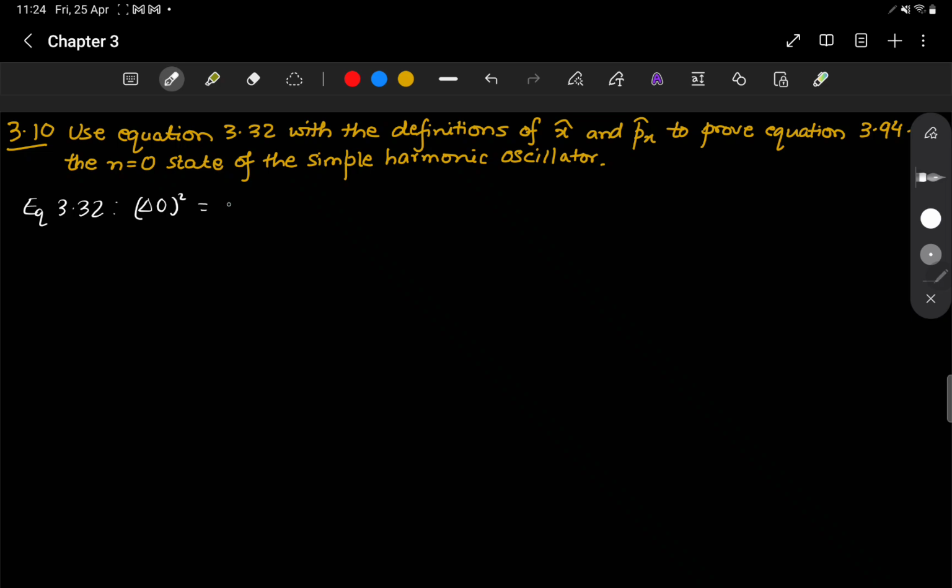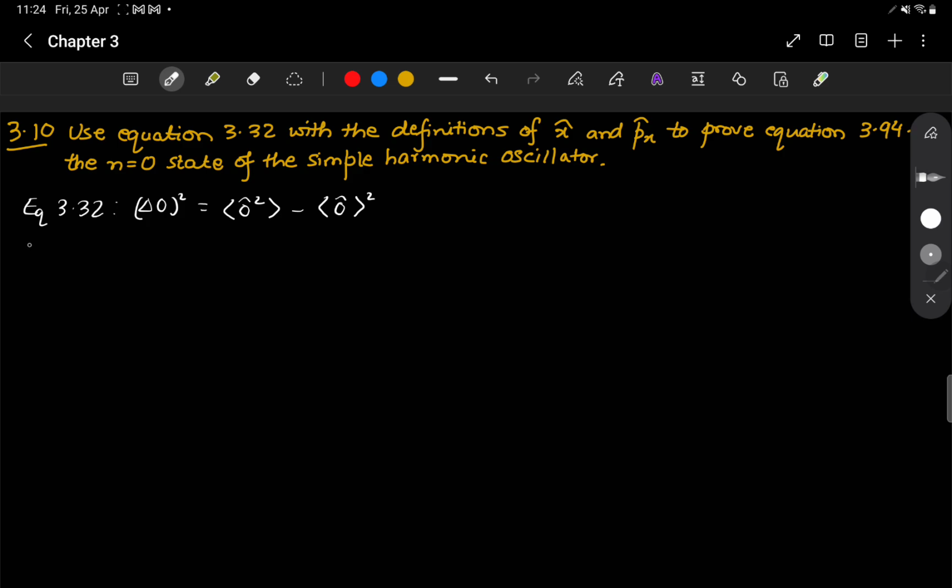The variance of an operator is the expectation of the square of the operator minus the square of the expectation of the operator. These angular brackets denote the expectation value or the mean value. This is equation 3.32, and now let me write down equation 3.94 as well.